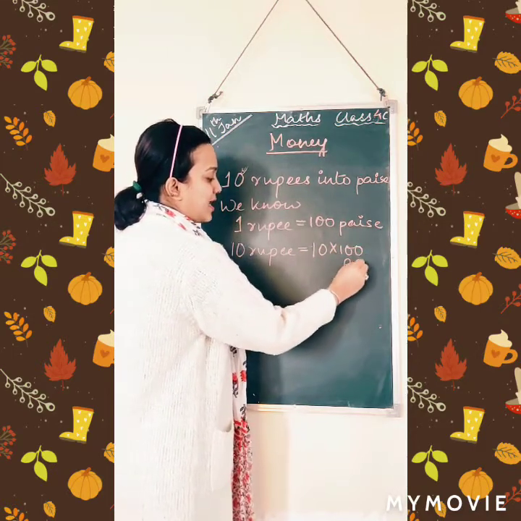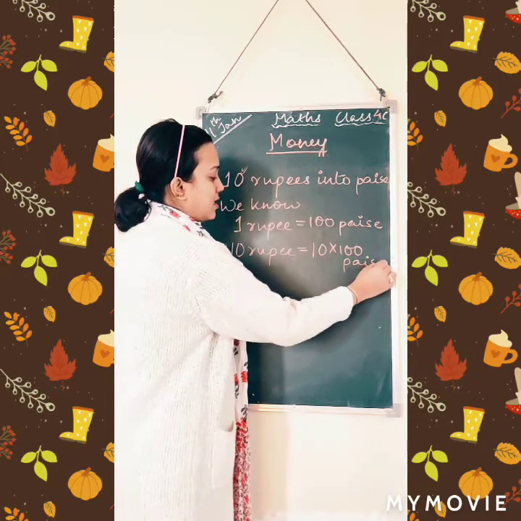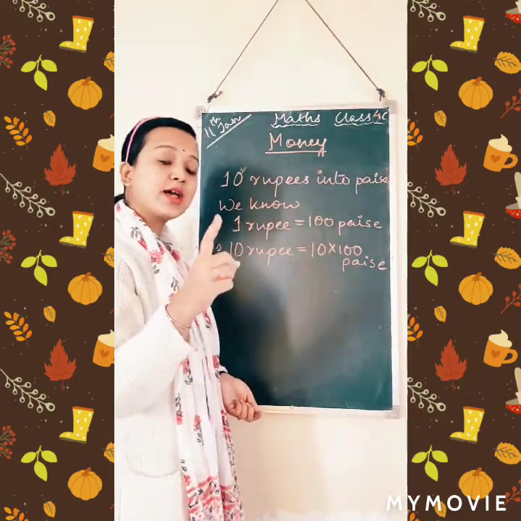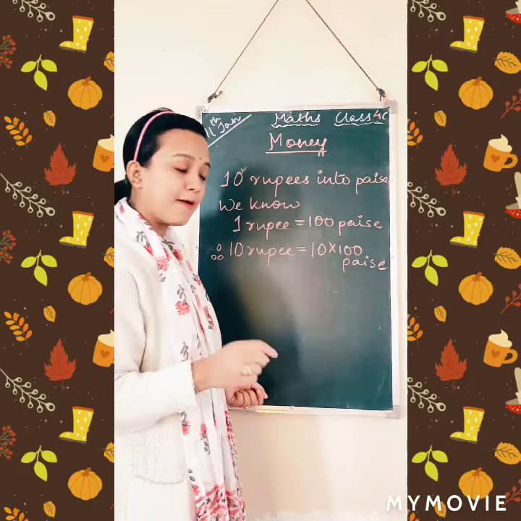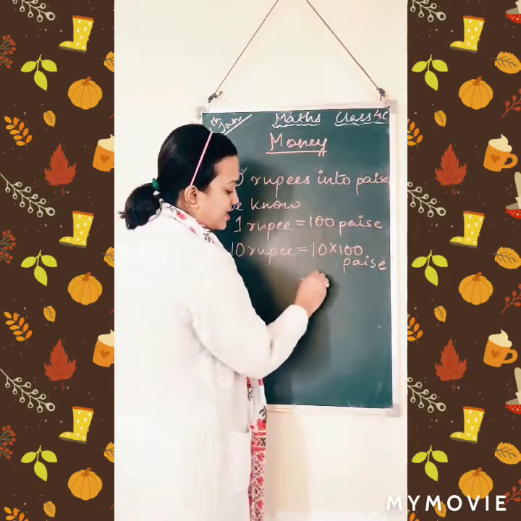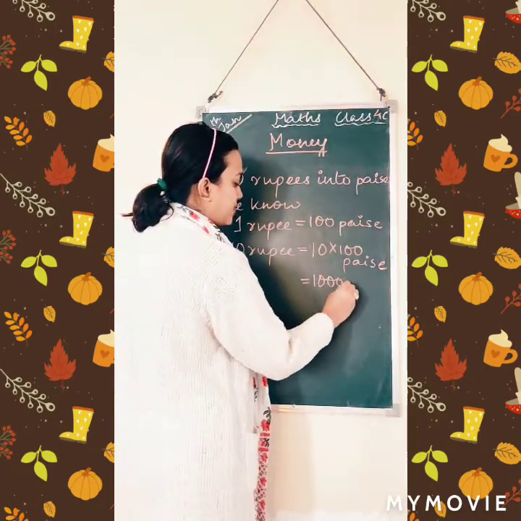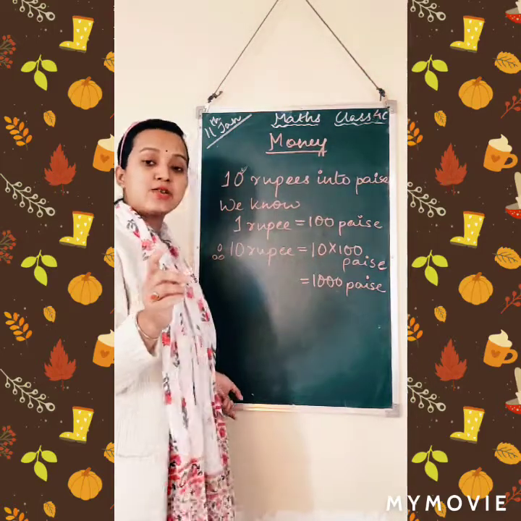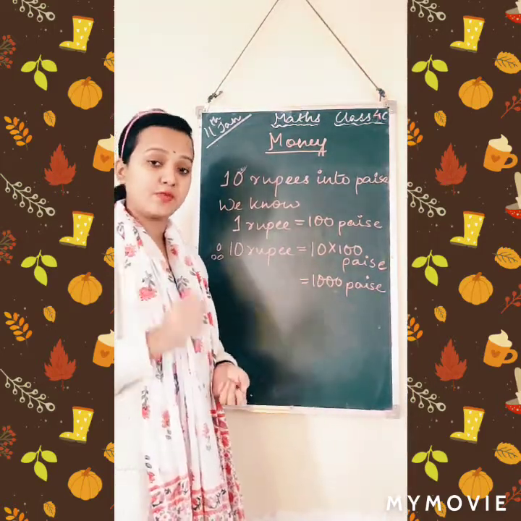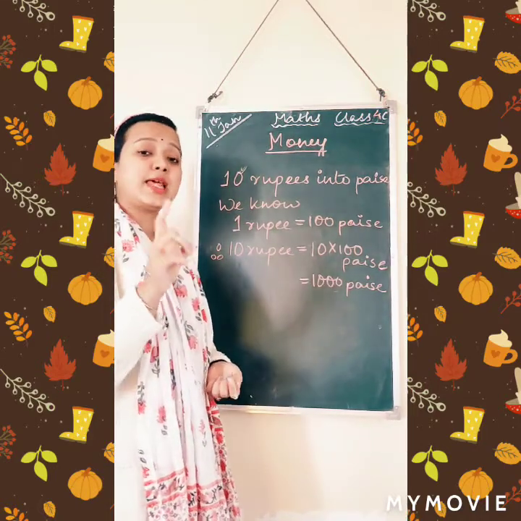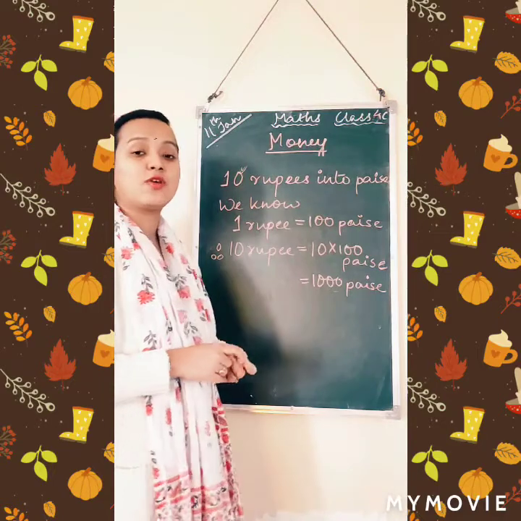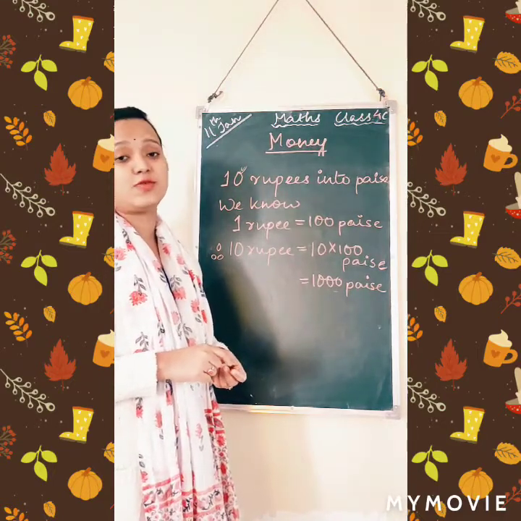This here is same as the unitary method, where you find out the value of 1 and then you find out the value of many units. Okay. Now 10 into 100 is nothing but 1000 pies. That means 1000 pies is going to give you 10 rupees. Or you can say that 10 rupees is equal to 1000 pies. In this way you are going to convert rupees into pies.